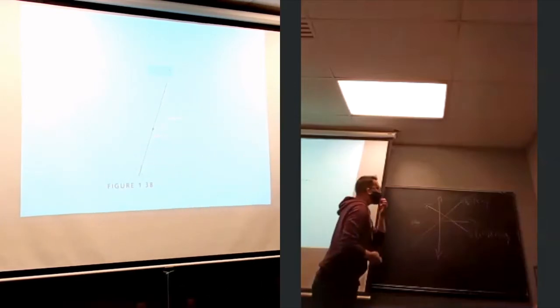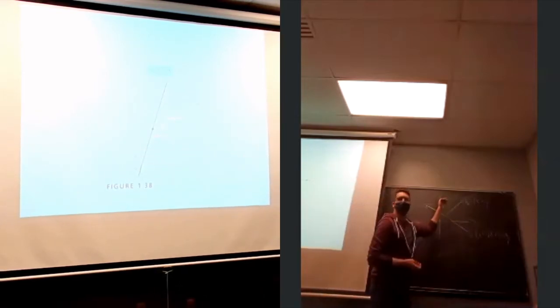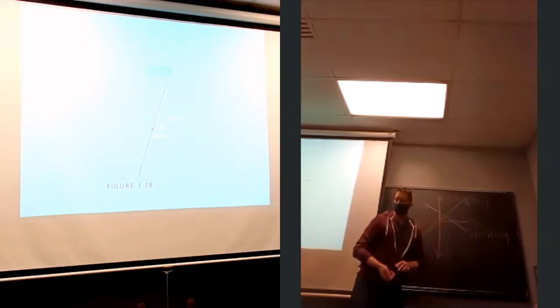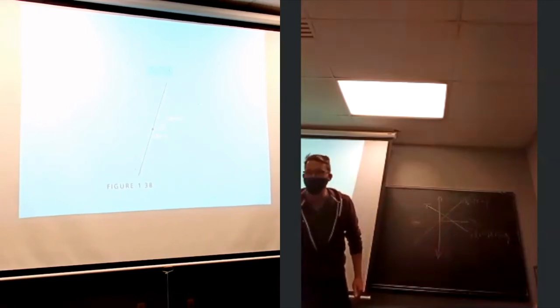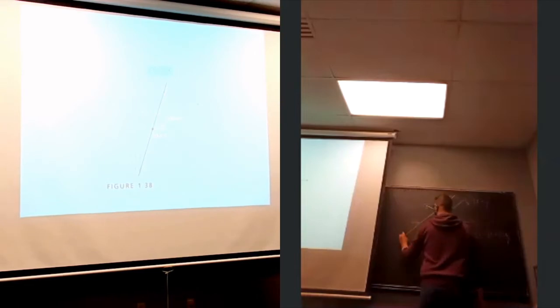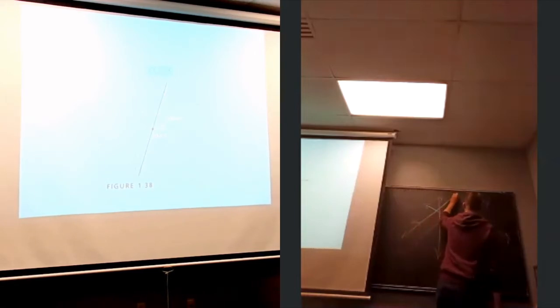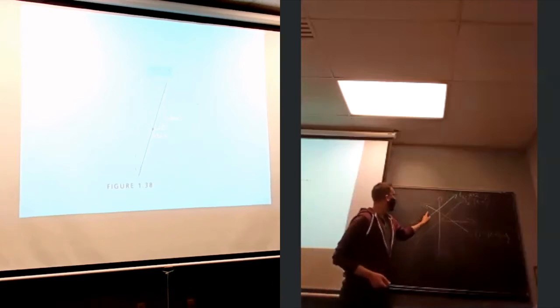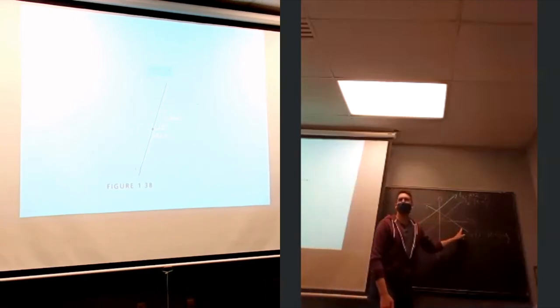Now let's say I wanted to move this line up 2 units. So we're just going to add 2 to it. Well, line 3 is still perpendicular to line 1, right?